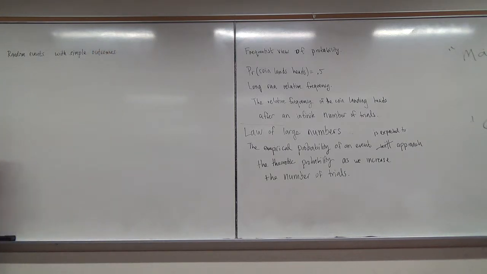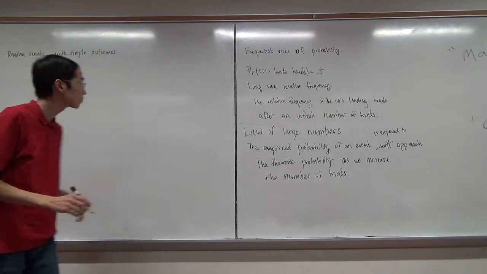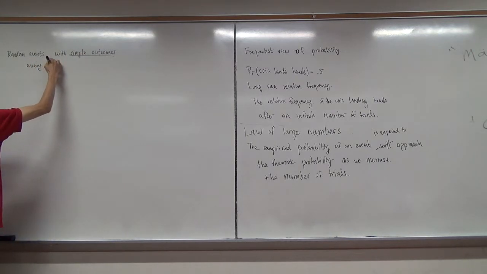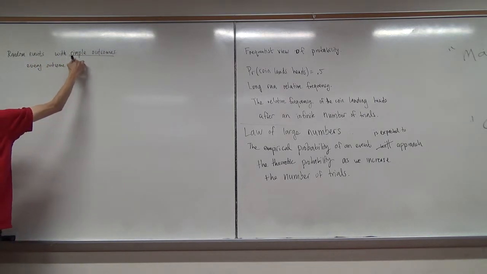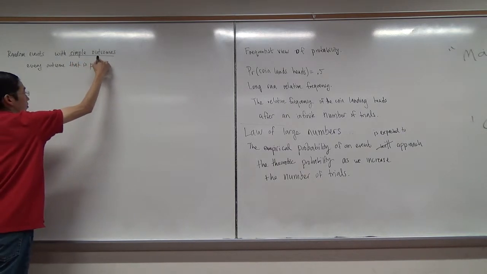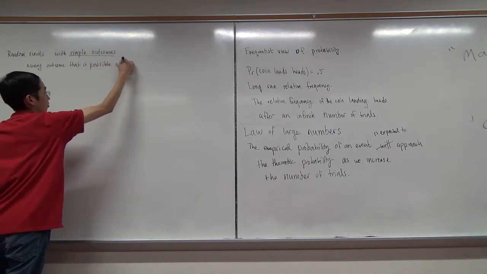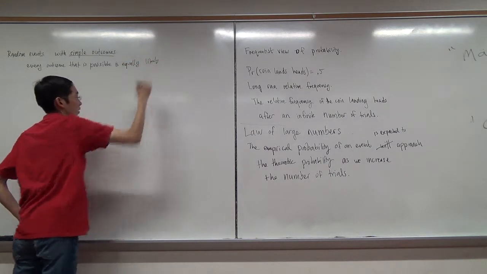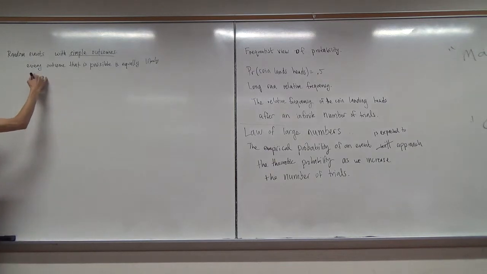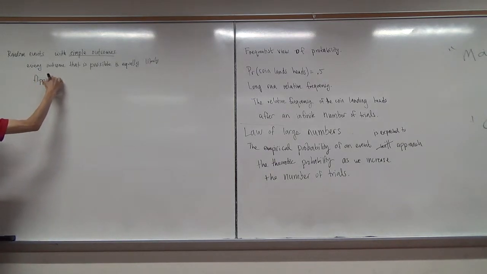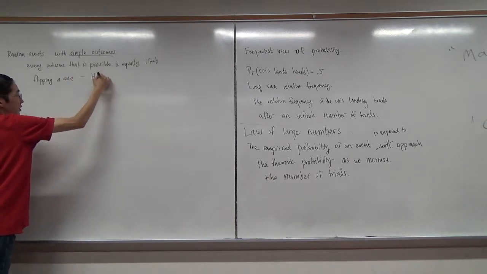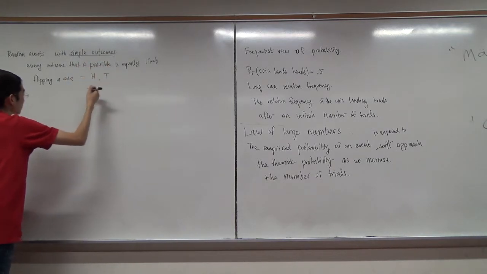So simple outcomes means every outcome that's possible is equally likely. So, flipping a coin, your outcomes are heads versus tails, and they are equally likely.